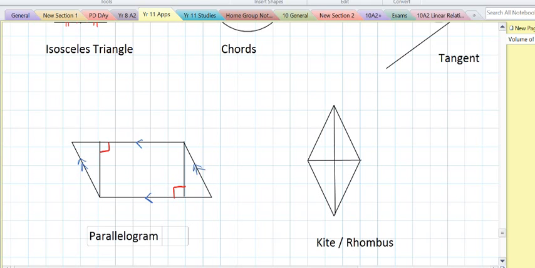And with a kite or rhombus, if you draw lines between the points, you get right angles in the centre.